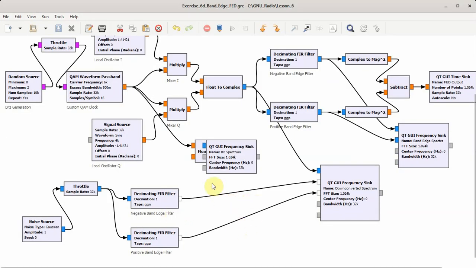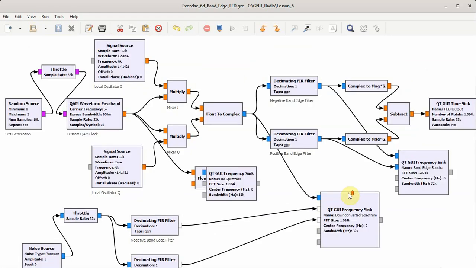While this looks a little complicated, I have a noise source whose spectral density is flat. When given as an input to the negative band edge filter and the positive band edge filter, it just draws for us the spectral responses of the positive and negative band edge filters along with the down converted spectrum. This will help us visualize, as we shortly see.